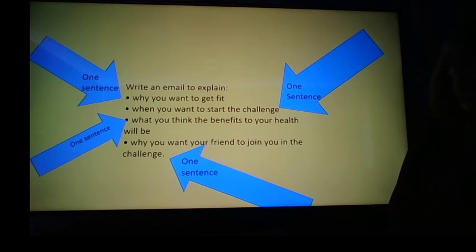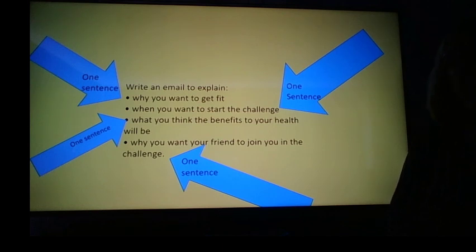Now, you might not want to get fit, so you've really got to make it up. So when you're doing your English exams, a lot of what you're really doing is making sure you answer the question, and if it's not something you would really do, then you've got to make it up.